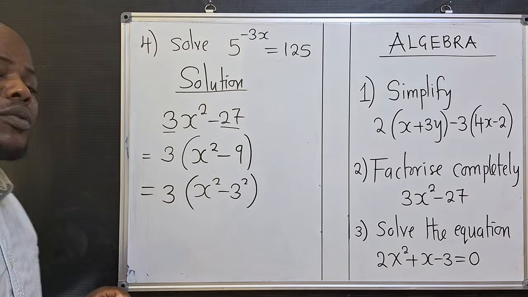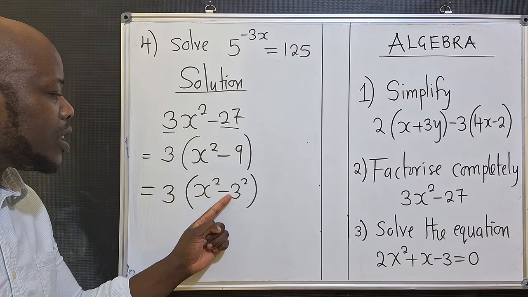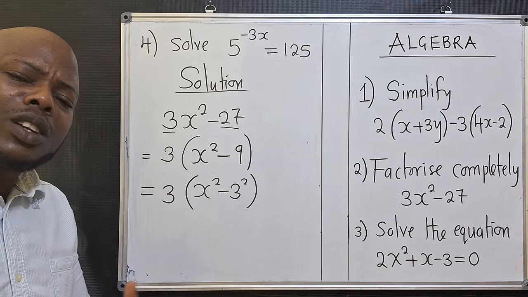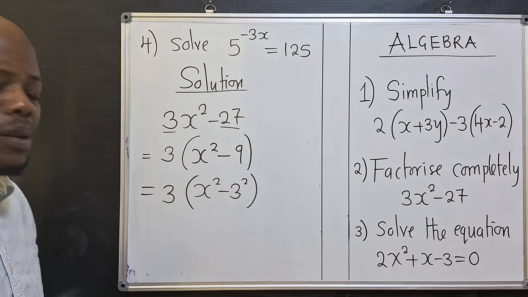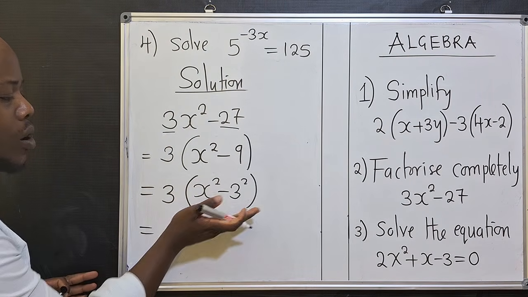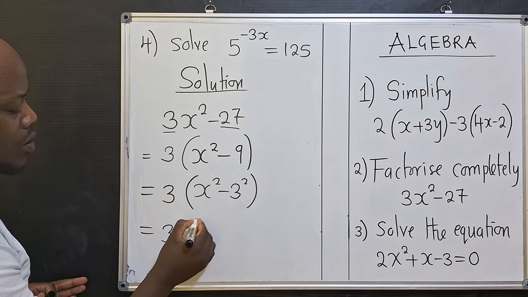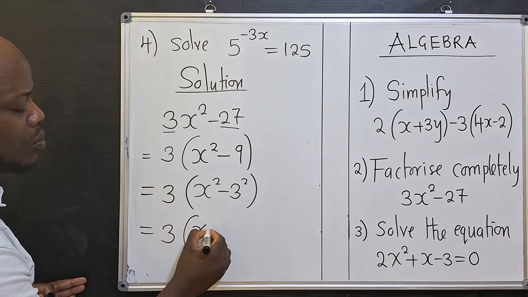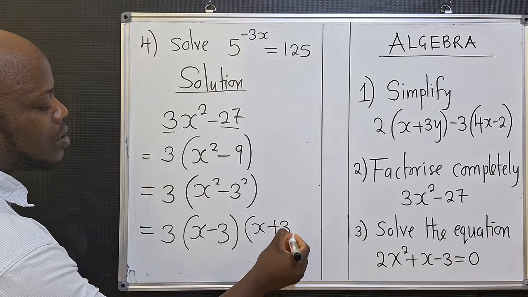I think you can see what I've done. I've not changed anything. I've just written this as 3 to the power 2. I know that 3 to the power 2, that is 3 times 3, will give us what? A 9. It's the same. And this is what we call difference of two squares, what we're going to do inside here. So it will be x minus 3, x plus 3.